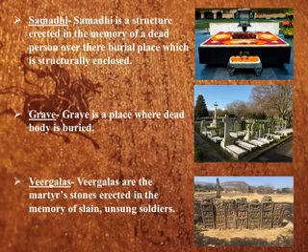The last one is virgalas. Virgalas are martyr stones erected in the memory of slain and unsung soldiers. It means a stone which was put up to remember the martyrs, meaning people who were ill-treated and killed, murdered for refusing to support and surrender to the enemy.